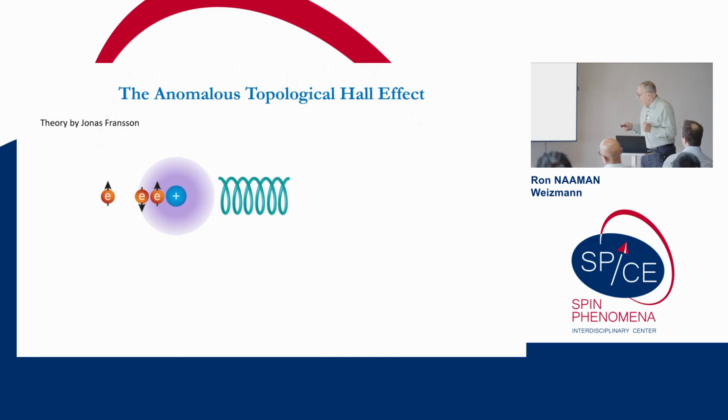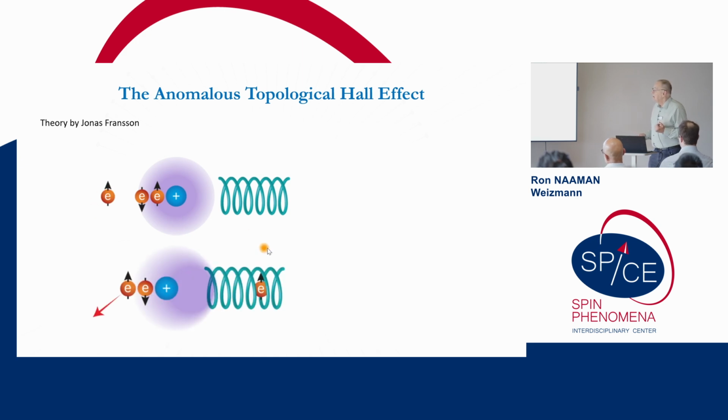So think about our gold. Let's assume it's closed shell, but it's in a chiral environment. So there is chirality. That's what it means. And we come now with an electron, and because of the chirality of the material, this electron is now spin polarized. So what this electron does, it repels charge.